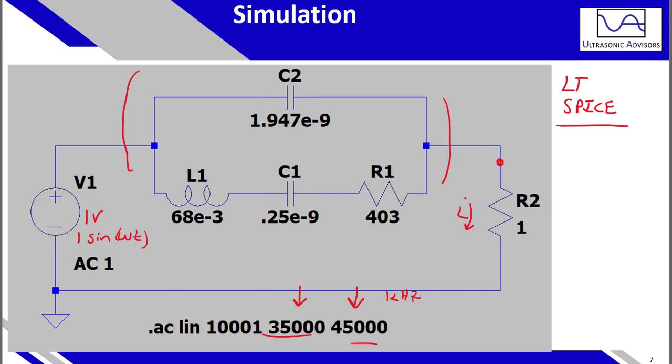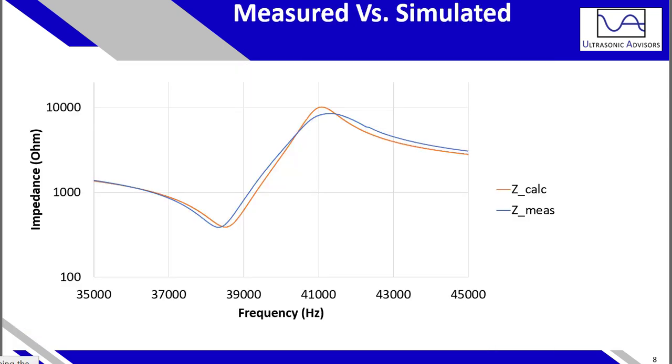So in this slide here, I'm comparing the calculated impedance versus the measured impedance. This calculated impedance can be taken from the LTspice program, and that also comes from that equivalent circuit.